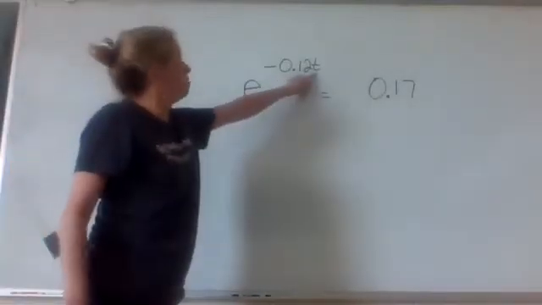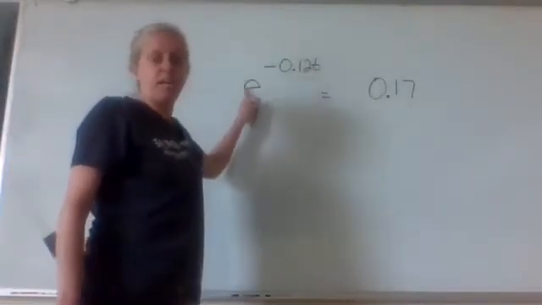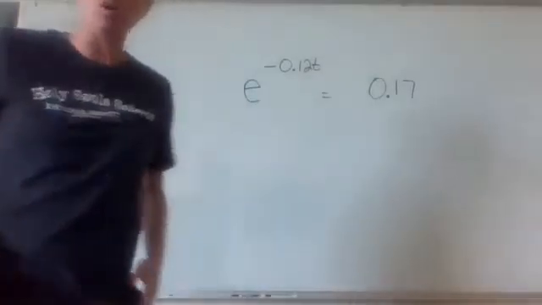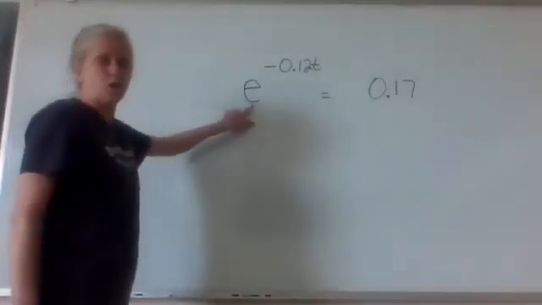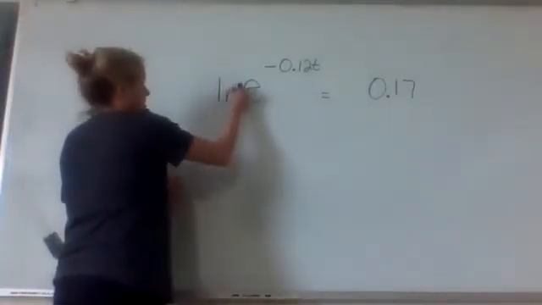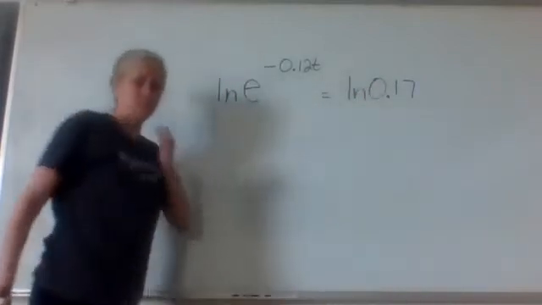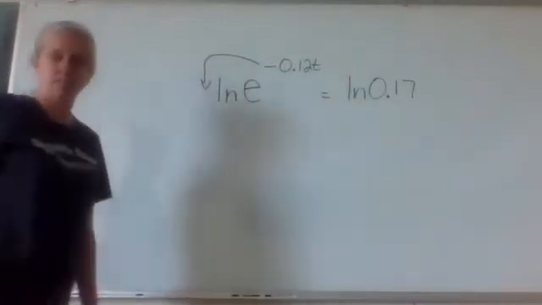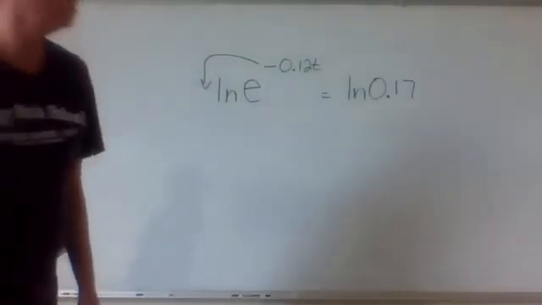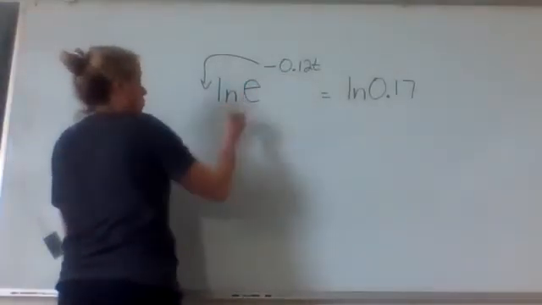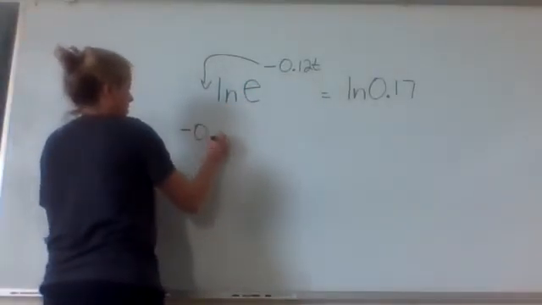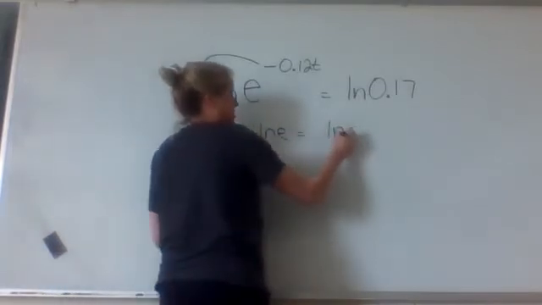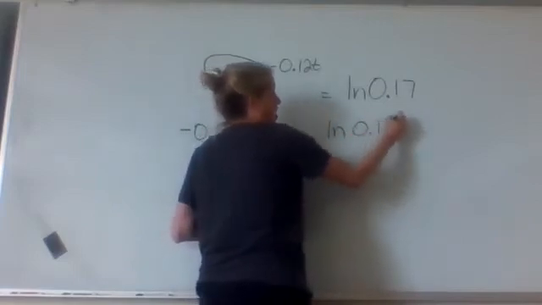Solving for t, anytime your unknown variable is in the exponent and you can't rewrite your sides with the same base, you're going to log, or in this case, natural log or ln both sides. This comes down. Negative 0.12t times ln e equals, just drop this side down, ln 0.17.